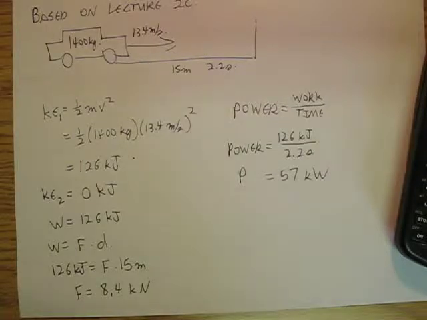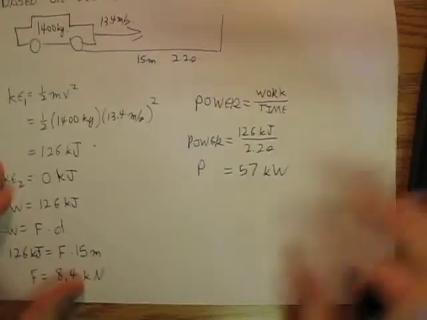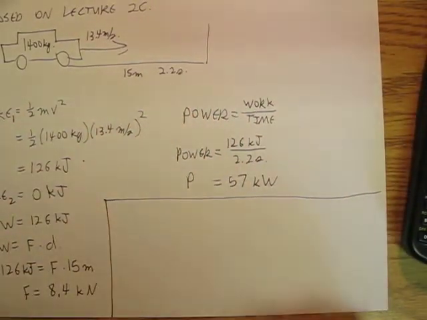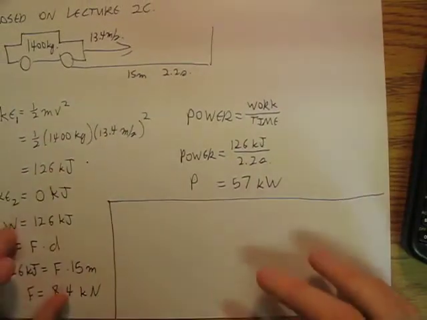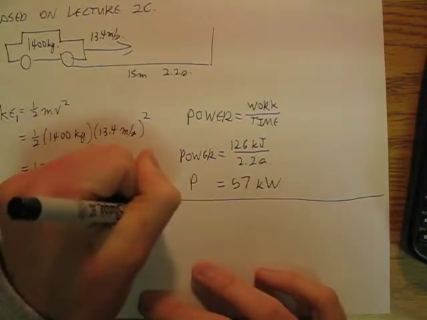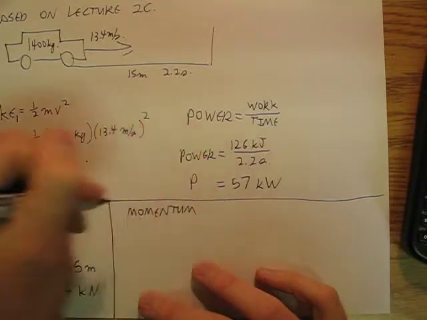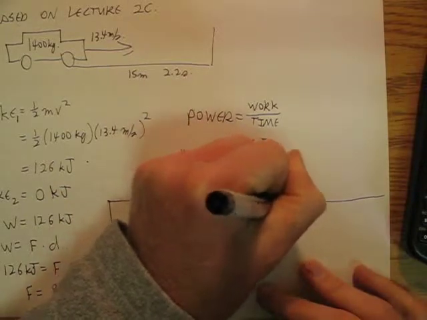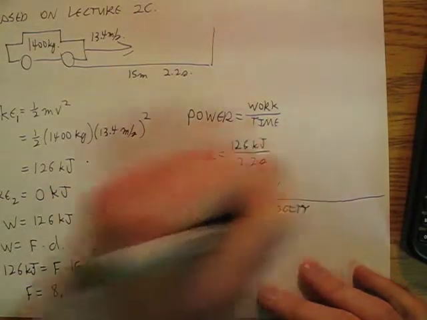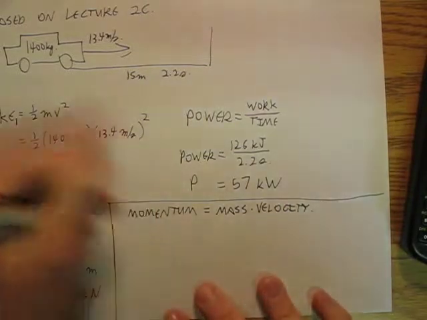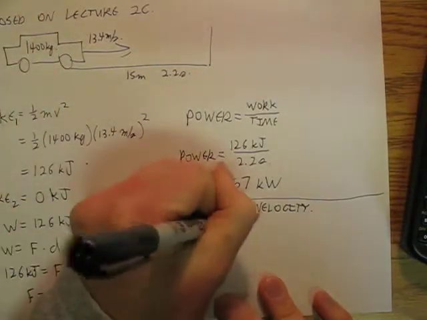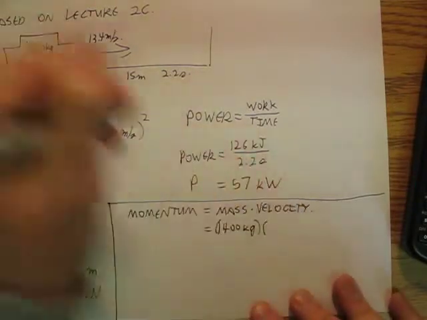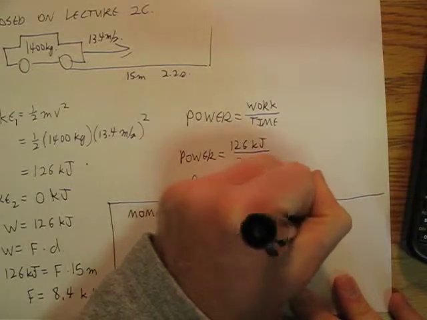Okay, now I think I'm just going to throw this out here because I've got it coming up in one of the later chapters. We're going to have this idea of momentum, and momentum is going to be mass times velocity. And so my momentum in this case was 1,400 kilograms times a velocity of 13.4 meters per second.